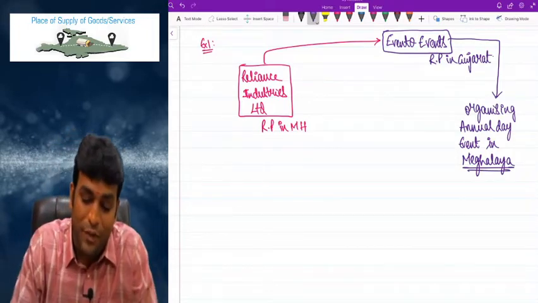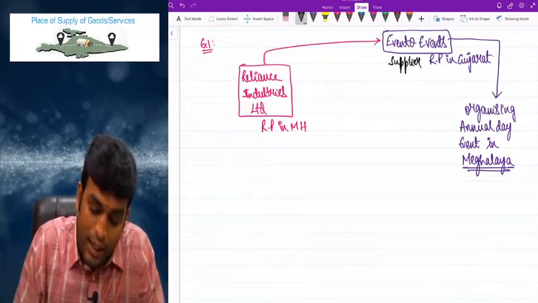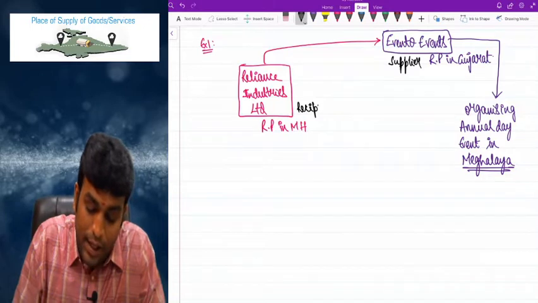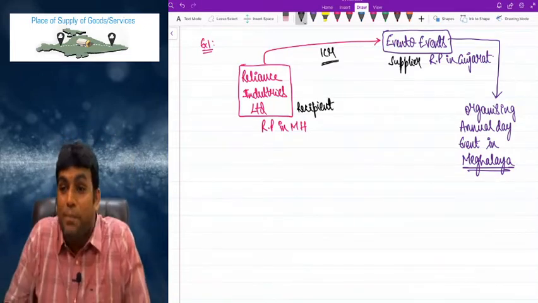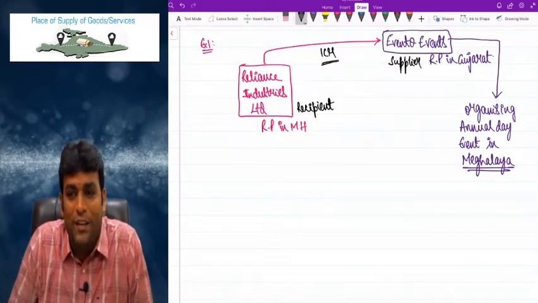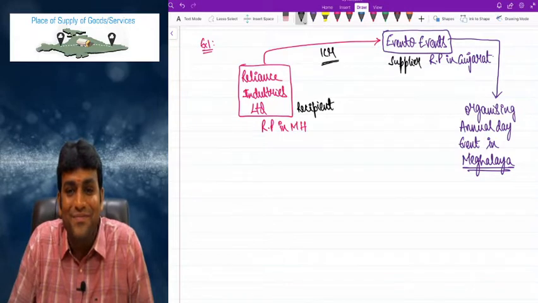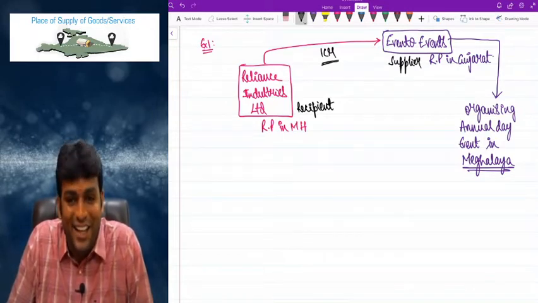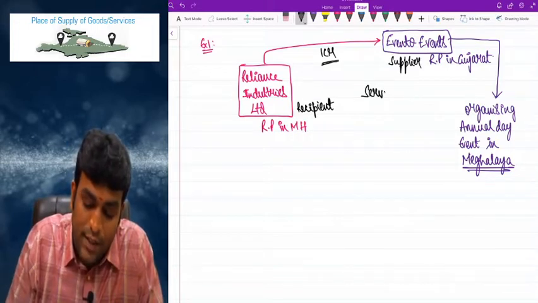Now, if you observe carefully, who is the supplier in this example? Supplier is Evento Events, and recipient is Reliance Industries. And Reliance Industries paid 1 crore to Evento Events for organizing an annual day event in Meghalaya. Now, in this example, what is the service?